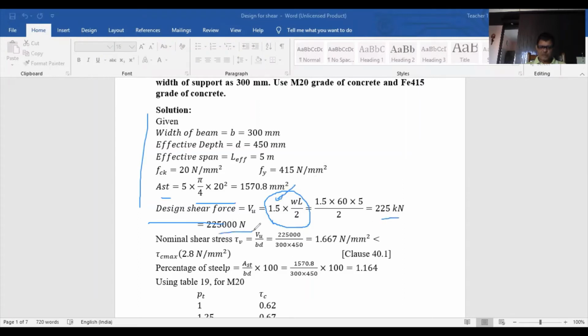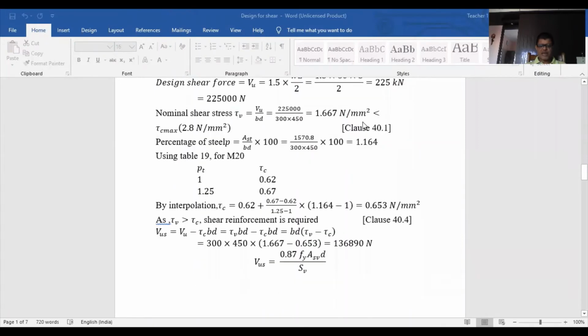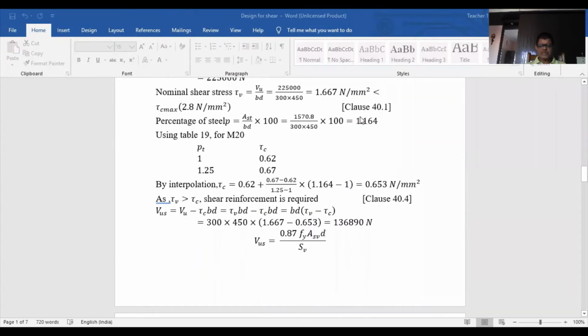So converting to Newton. Now similarly, calculate tau V, Vu by bd, it comes 1.67, which is less than 2.8 Newton per millimeter square. That is the maximum shear stress. Similarly, now like the last problem, we have to calculate the tau C. To calculate tau C, you have to find out the percent of steel.